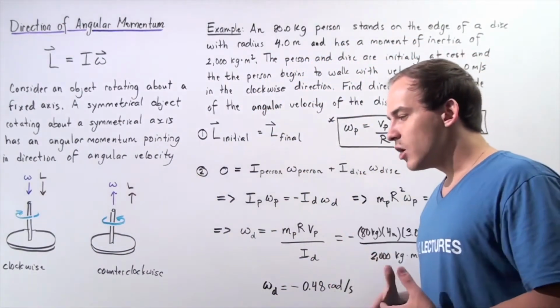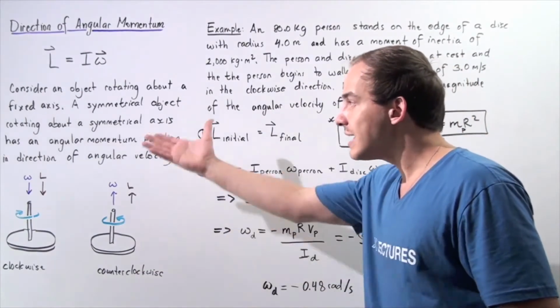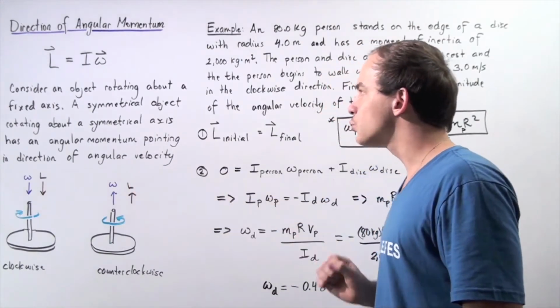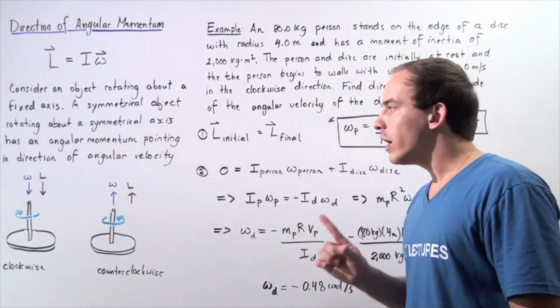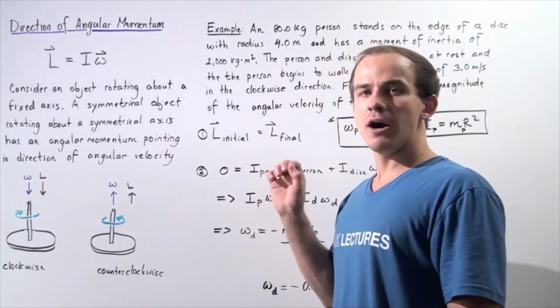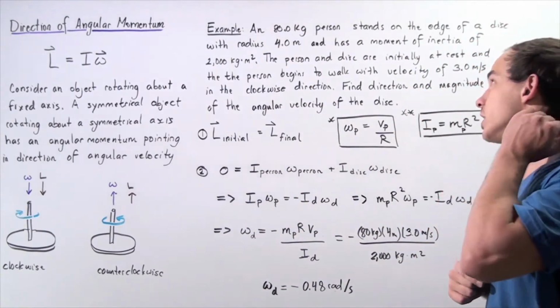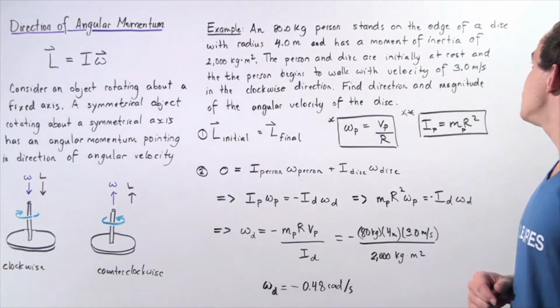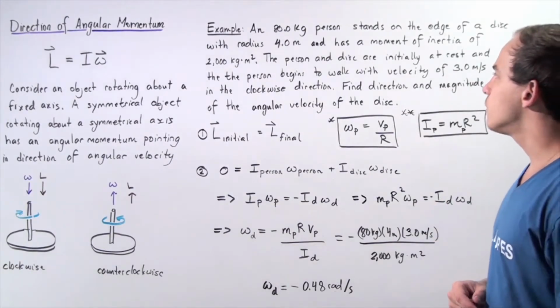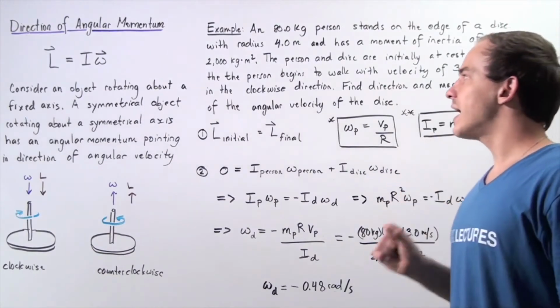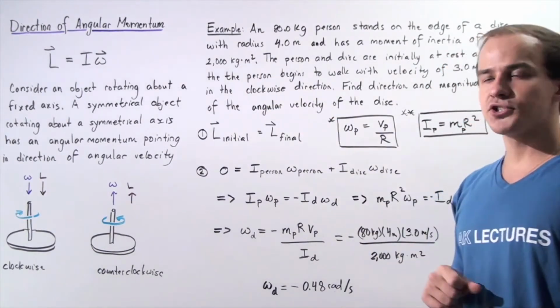In this example, we want to use the concept of conservation of momentum and the right-hand rule to calculate the direction and magnitude of angular velocity. Let's suppose an 80-kilogram person stands on the edge of a disc with a radius of 4 meters and a moment of inertia of 2,000 kilograms times meter squared.